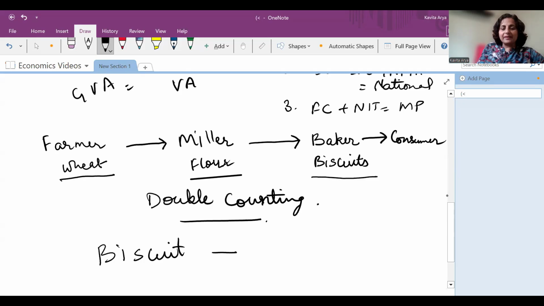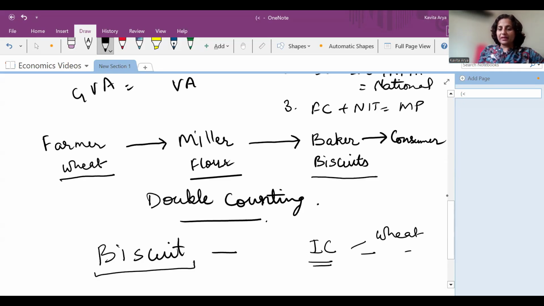So for biscuit, whatever has been taken from the market to make the biscuits becomes the IC. IC means I took probably the wheat, I took the services of the miller to make it wheat flour, some sugar would be added, some cashews would be added to make it a packet of biscuit.